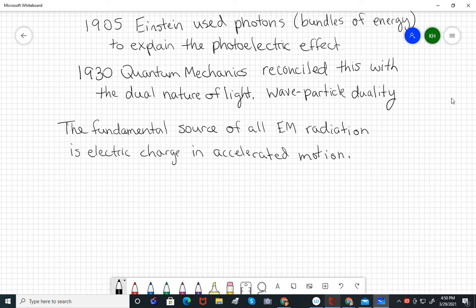Hot matter, lighting a candle, burning of logs, that's one source of light that we're familiar with. We also get a lot of our light during electrical discharges through ionized gases. Those are things like your neon light. We're not going to go into great depth at this point about how to actually create light, but you should know that all light is basically due to electric charge in accelerated motion.